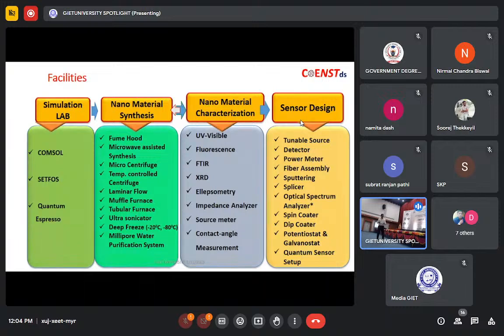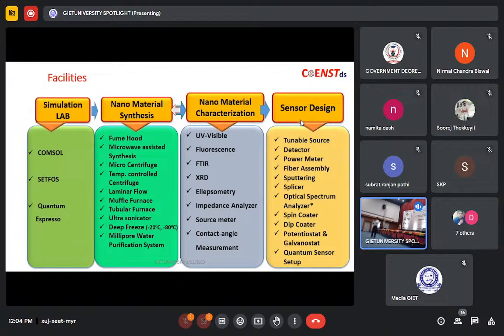For that, you go to the nanomaterial characterization lab, where you can characterize the different prepared materials. If the material gives the properties that you have decided, then it is okay. Otherwise, you have to go back to the simulation lab and design your material again. This process will continue until you get a suitable material as per your design specification.